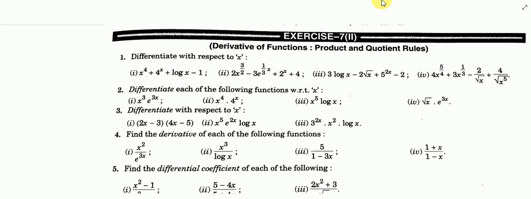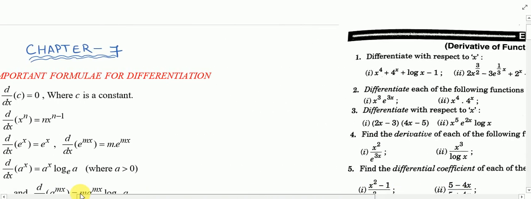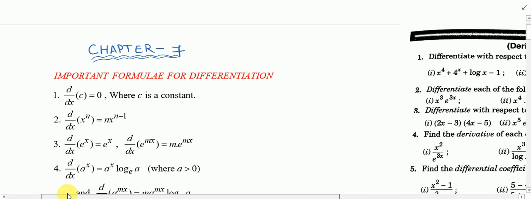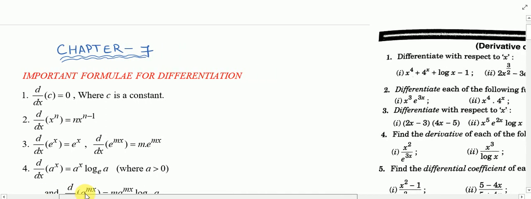If you want to write these formulas on the same page, you may; otherwise you can keep them separately and keep them with you whenever you are doing questions related to this chapter. If you do this chapter properly and understand it nicely, then believe me, the other chapters we are going to do in coming days will be very easy for you.